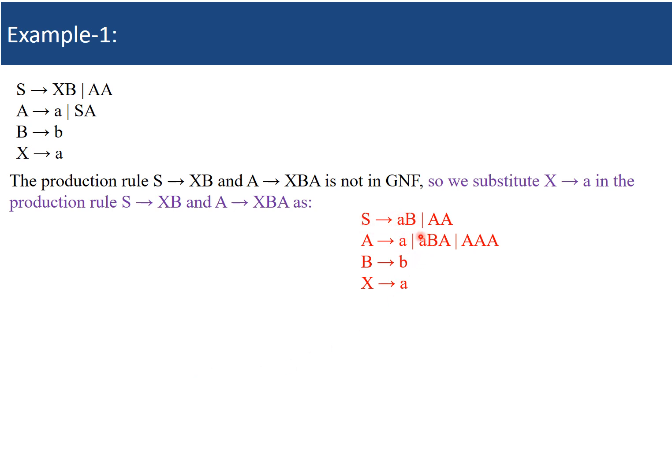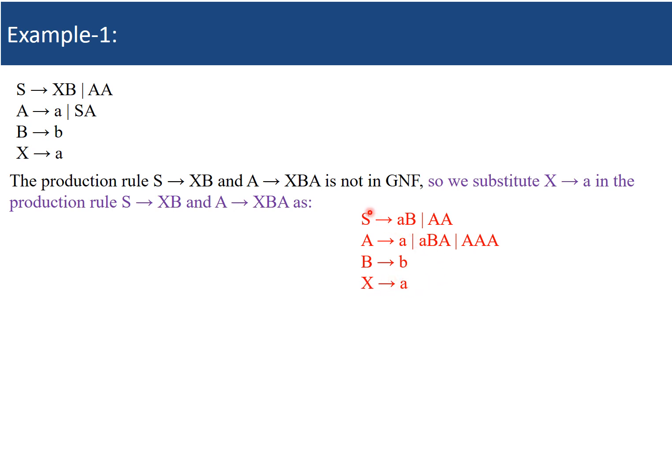Then S gives aB is already in GNF, A gives a and aBA are already in GNF, and B and X gives a are already in GNF.